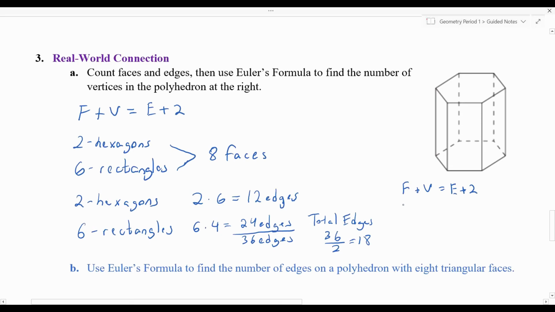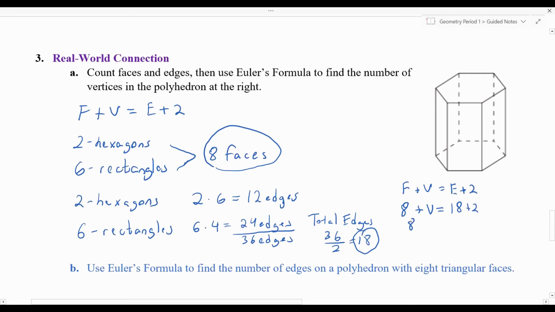For faces, we know that we have 8 faces, so we plug in an 8 right there, plus the vertices, which is what we're solving for, equals the number of edges, which is this 18 over here, plus 2.